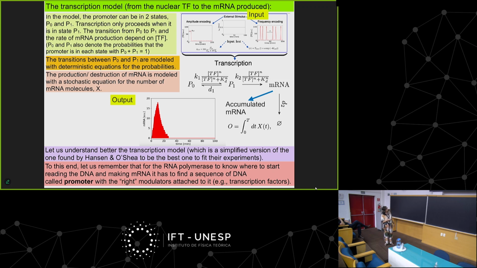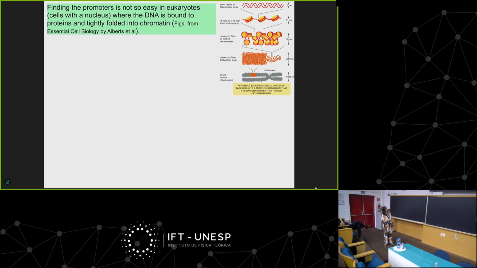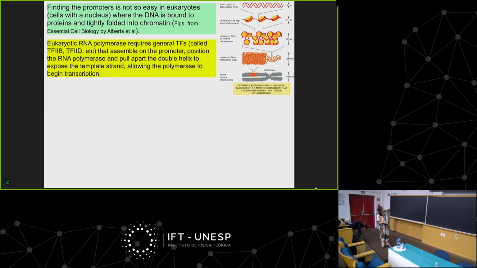The next slide is not for you to understand everything. It's just to tell you that transcription is very complicated, particularly in eukaryotic cells, in which the DNA is all wrapped up in a very complicated structure, inside chromosomes that need to unbind. So you need many participants of the cell to be able to unwind the DNA, to open the DNA strands, to indicate to the polymerase.